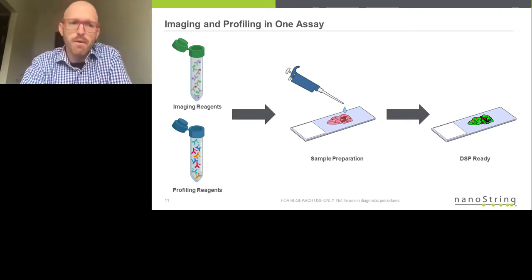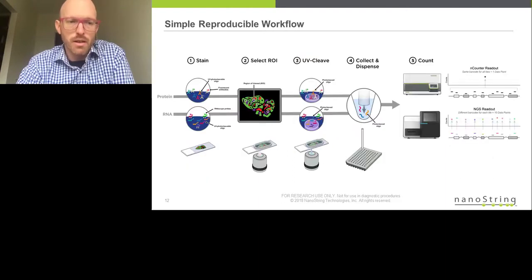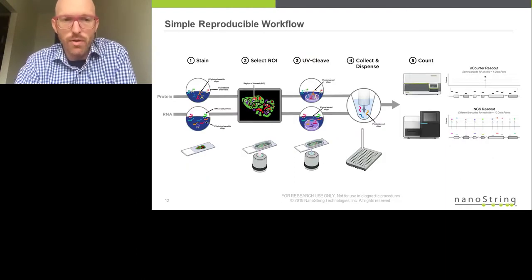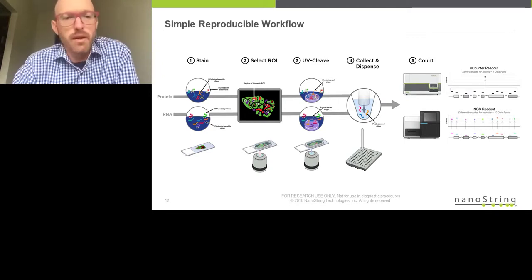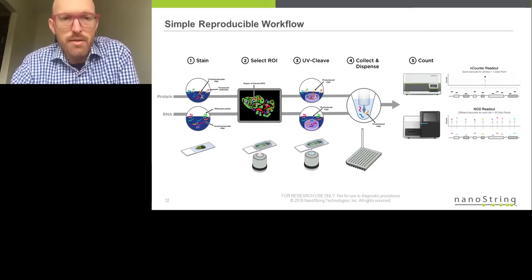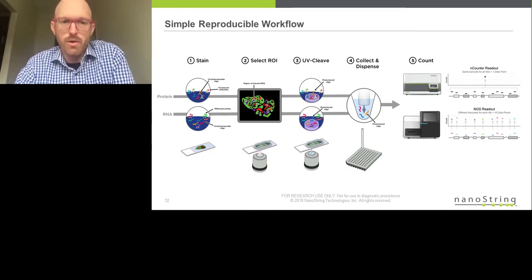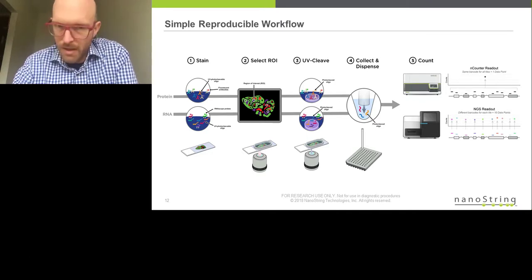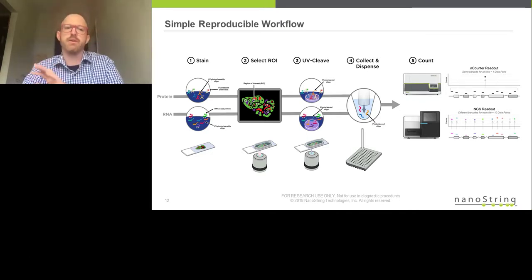You'll prepare the sample, and then you'll place it on the Digital Spatial Profiler. And on the instrument, you'll actually select your regions of interest. And I'll dig into what that actually means and the flexibility of that process. But then the system will allow you to cleave the oligos from every specific region. It collects those oligos and dispenses them in a well in a 96 well plate. And then you count them on either the nCounter or the Illumina sequencer.